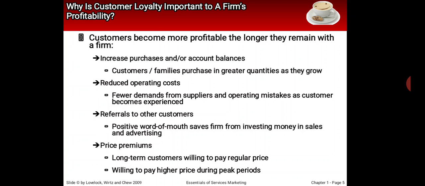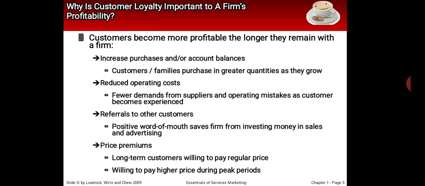It increases purchase and account balance. Customer and their family purchase greater quantity as they grow, right? As a family increases, the consumption of product also increases, so it generates profit. It increases the sales, it increases the purchase and account balance.